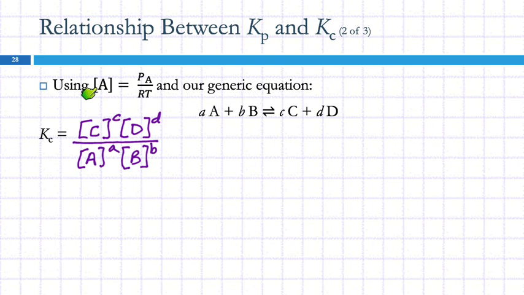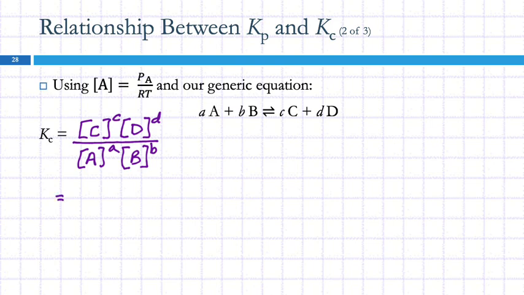Well, if the concentration of A is equal to the partial pressure of A divided by RT, we could put this in for the concentration of A. And if this is true, then the concentration of C is the partial pressure of C over RT. Right?